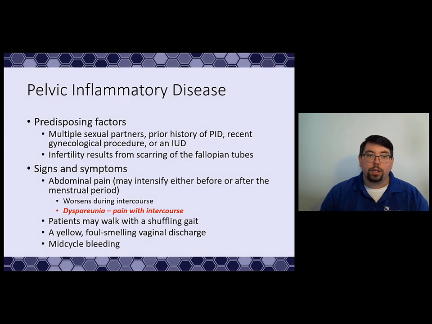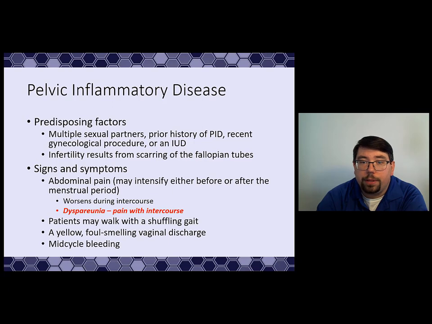Now, PID has some predisposing factors associated with it. Some of those factors include multiple sexual partners, a previous history of some type of pelvic inflammatory infection, recent gynecological procedures, or some type of implanted uterine device.